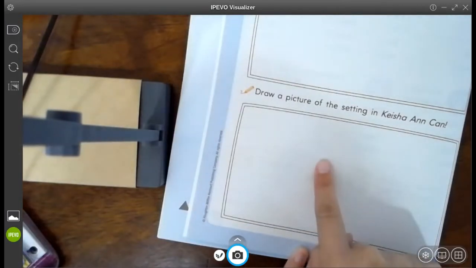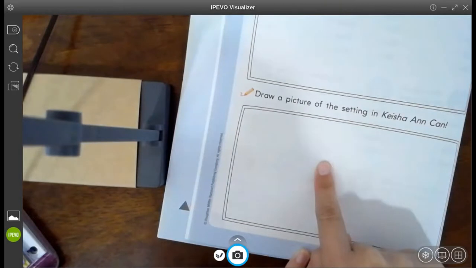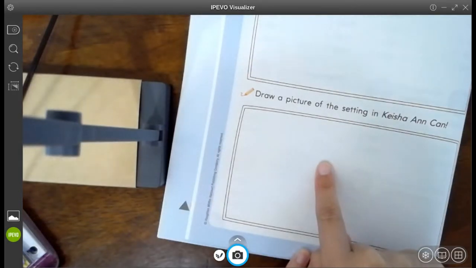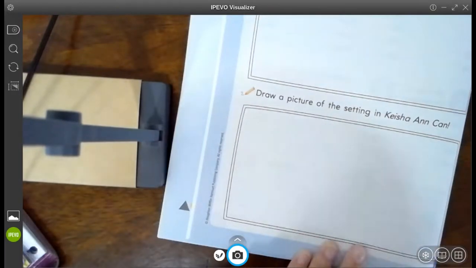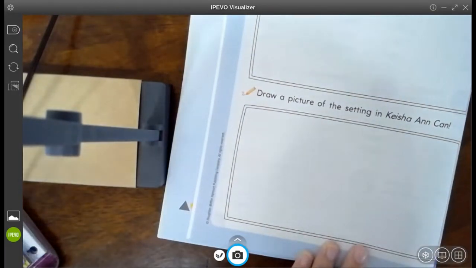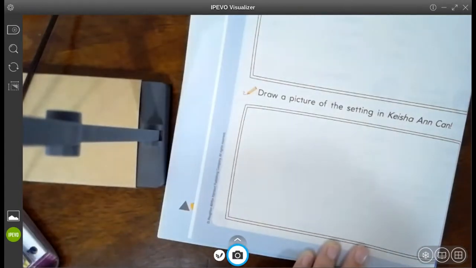Point to the second box. In this box, you're going to draw a picture of the setting in Keisha Ann Can. Remember, setting is where the story takes place. Turn to someone at home and tell them the setting of our story, or where the story took place.